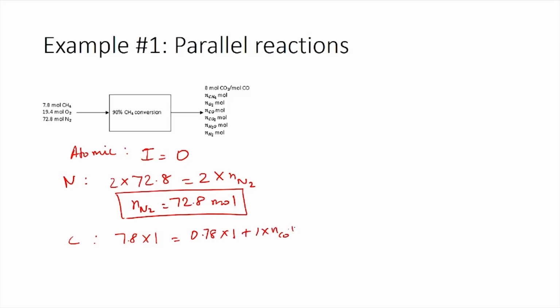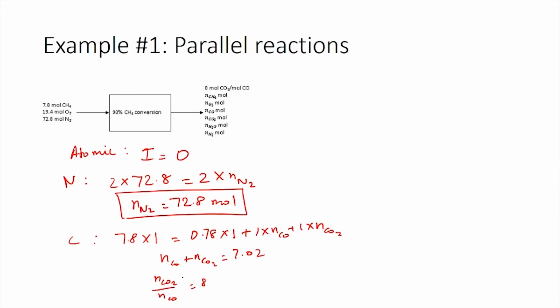So, thereby only 0.78 moles of methane is leaving the system, and we have 1 atom of carbon in carbon dioxide and 1 atom of carbon in carbon monoxide. So, we write it as 1 times NCO plus 1 times NCO2. So, this gives us an equation of NCO plus NCO2 is equal to 7.02. We already know that NCO2 divided by NCO is equal to 8.